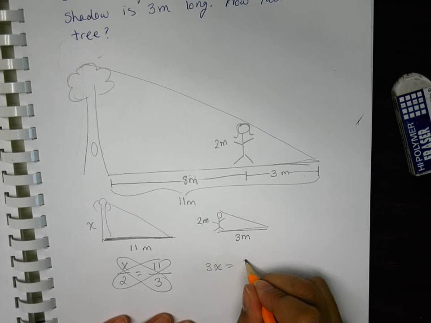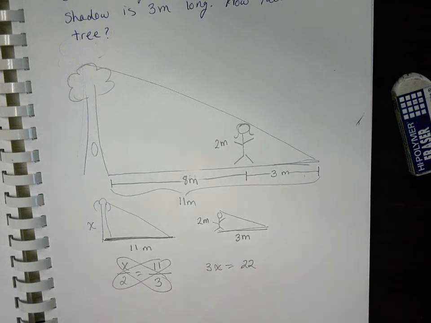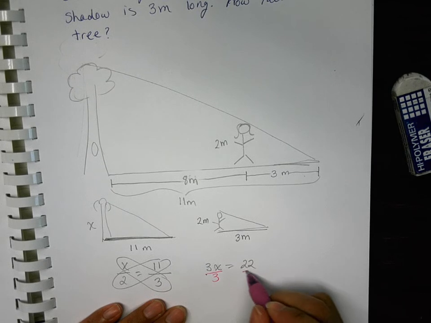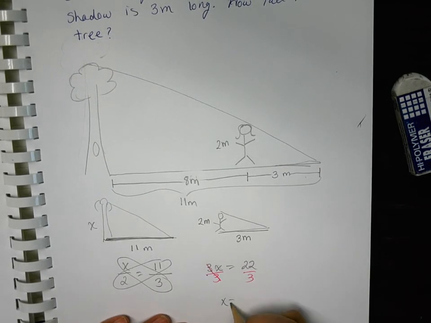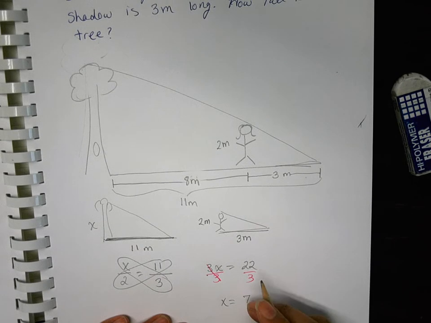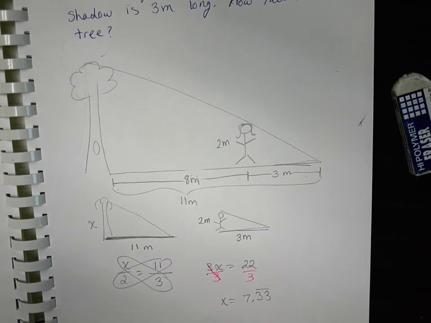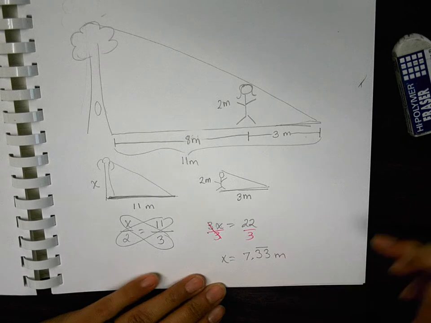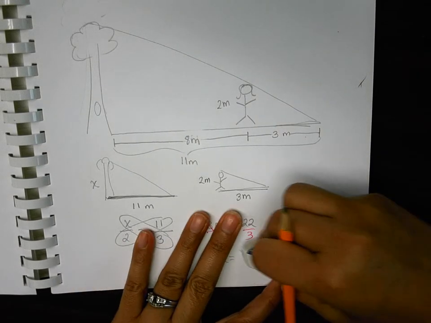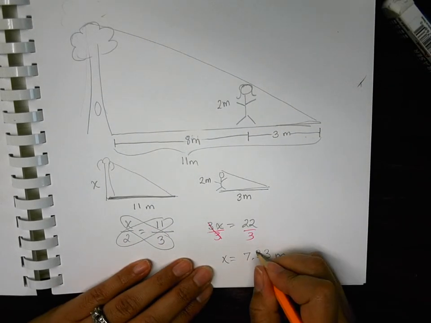All right, and what's your last step? Divide by 3. Let's do 2 decimal places again. 7 point, so 333 would be 33 or 34? And if you want, you can put that bar at the top, but if you're rounding, it's just 33 without the bar. Meters. 7.33 meters. Any questions?